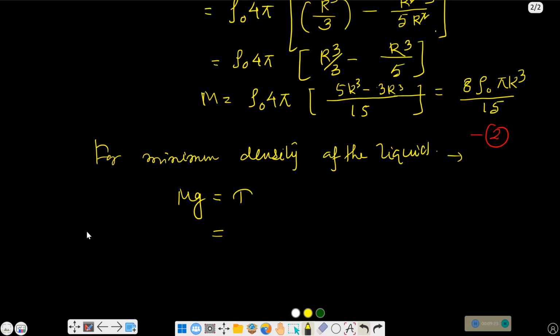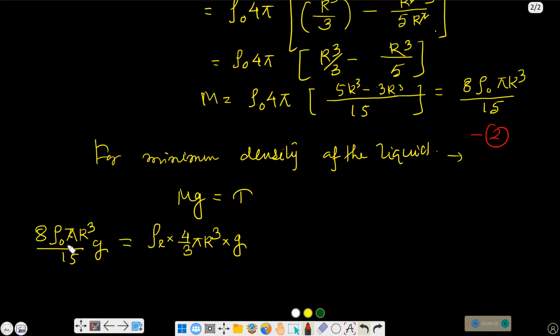The mass is 8 rho naught pi R cube by 15, into g, is equal to the buoyant force, rho L into 4 by 3 pi R cube into g.